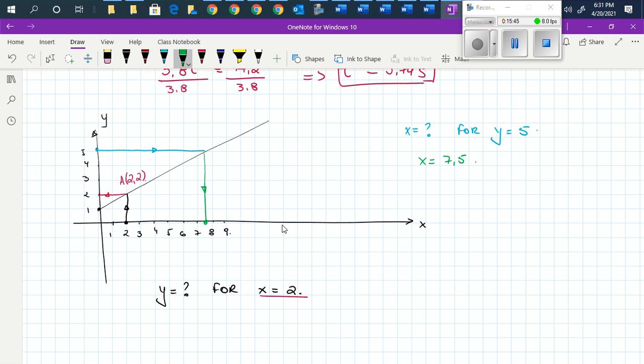So then this point here will have coordinates x 7.5 and y 5. This is how you work with the equation of the line.